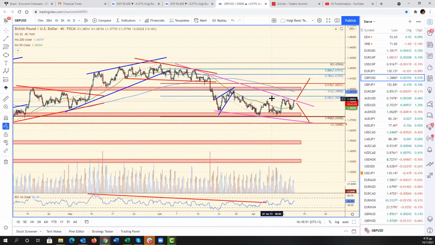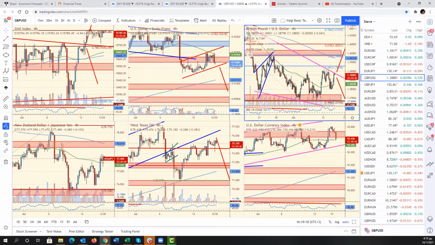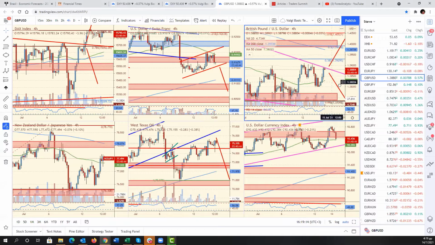Okay, so resistance, let's say 139. Support, soft support within the wedge is this low at 138. Okay, nice round numbers in this case. And guess what? I'm going to have to leave this in range as well.